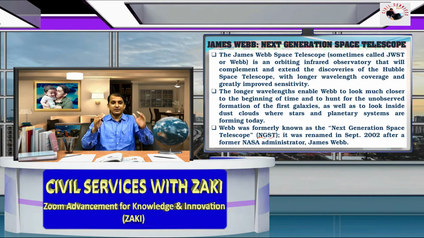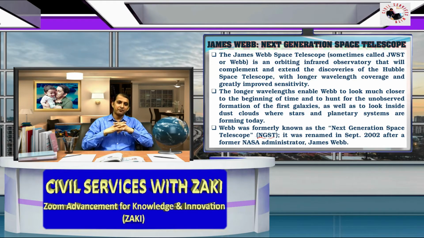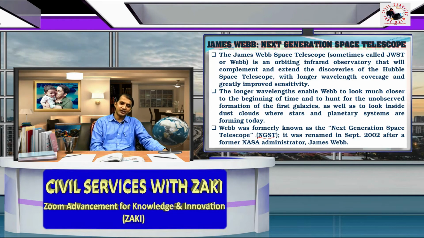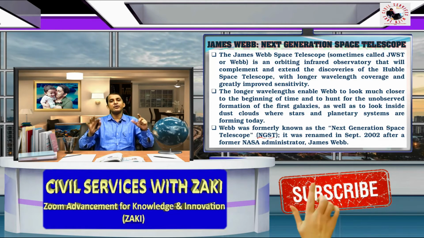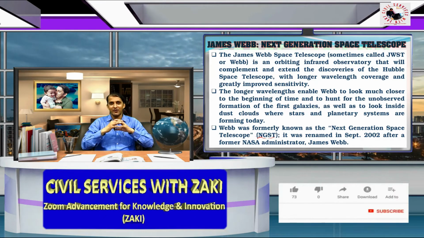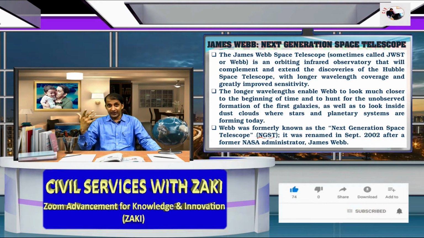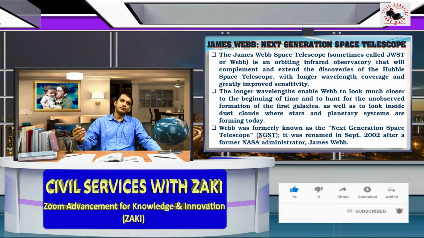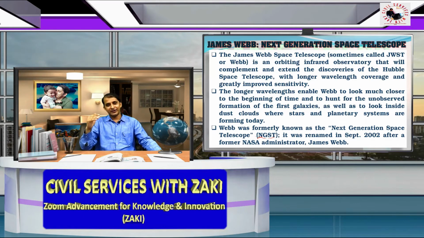It was renamed in September 2000 after the former NASA administrator James E. Webb. Basically, James Webb was the second administrator of NASA during the Apollo mission. As you know, the Apollo mission was a great success, the first landing on the moon by Neil Armstrong. So it is dedicated to the name of James E. Webb. That's why it is called the James Webb Telescope.